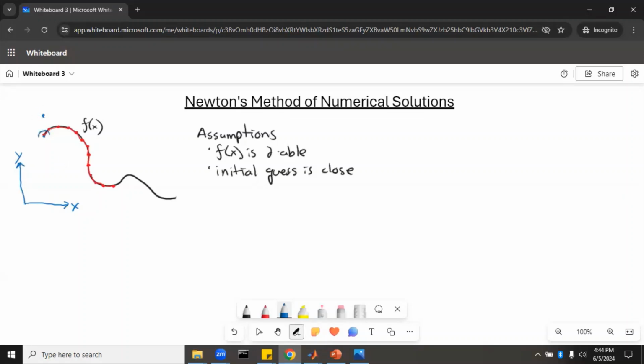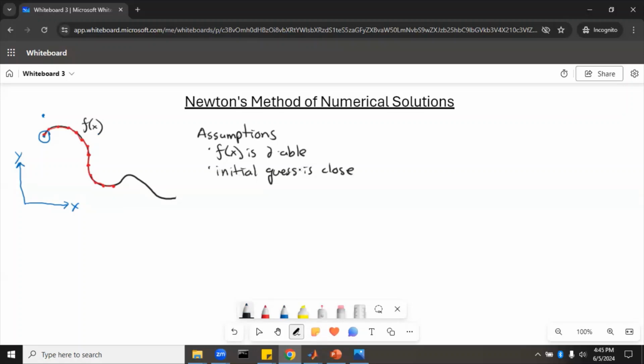We should start somewhere reasonably close to the actual value of the function, somewhere that we know it works. Maybe you know the y-intercept, or maybe you know something else; you have to know enough about this function. So choose a reasonable initial guess.